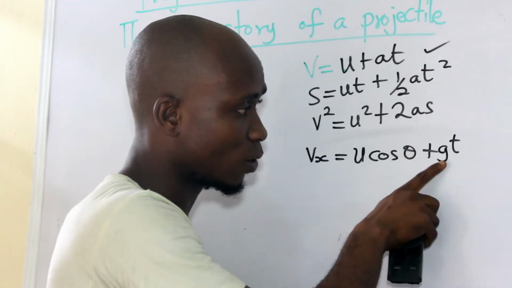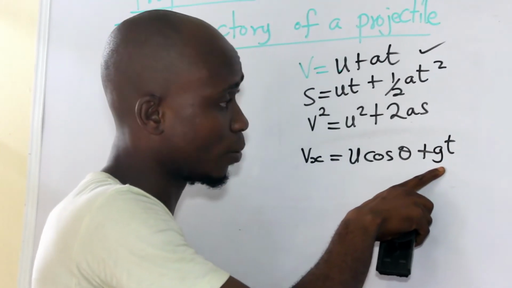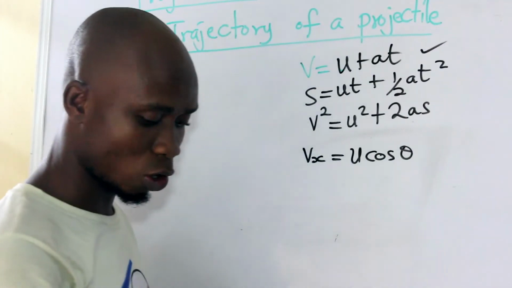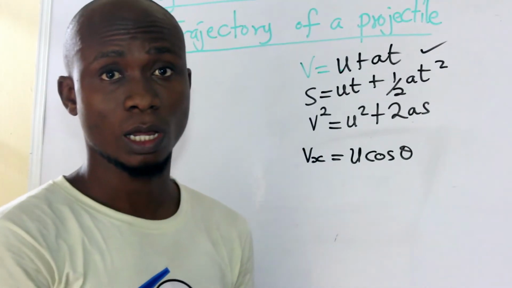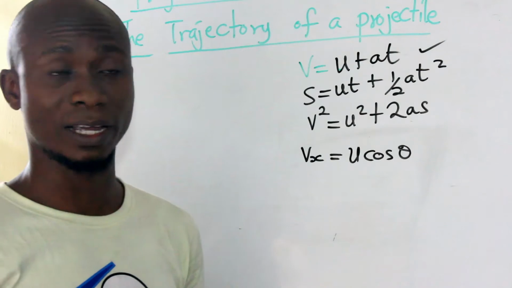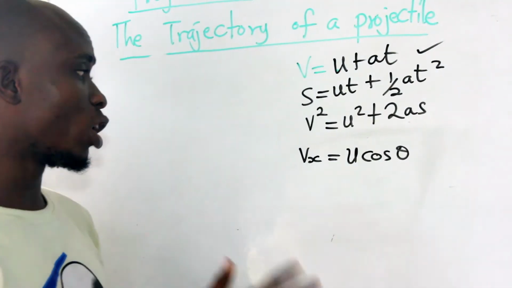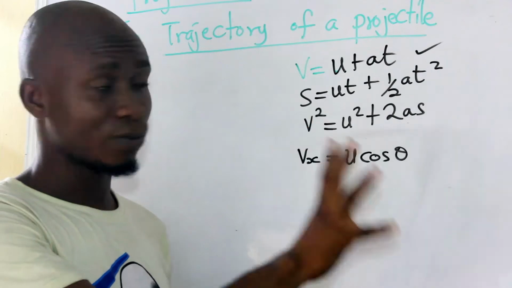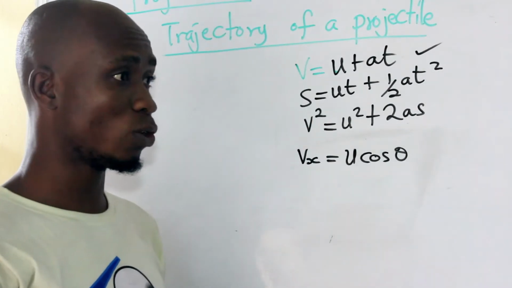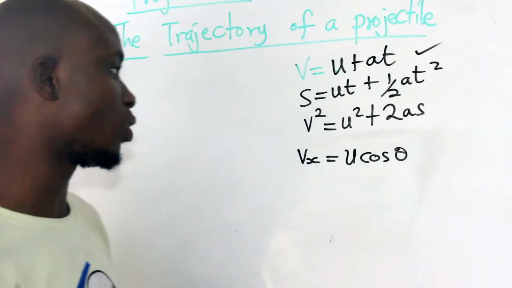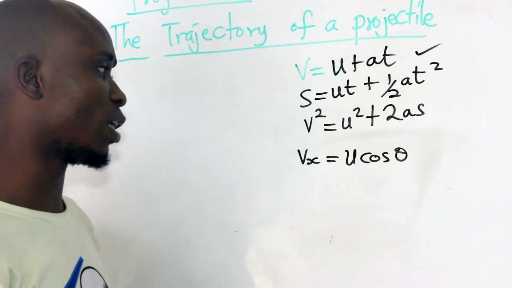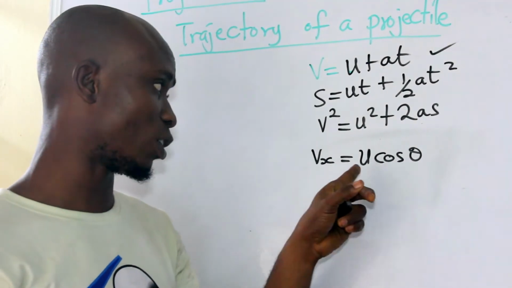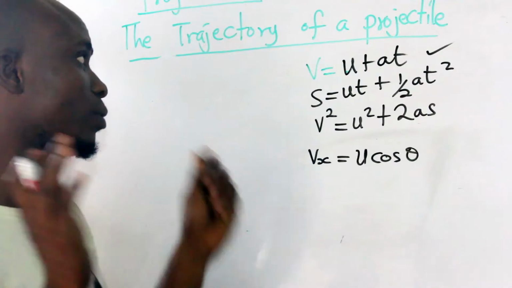We're not going to have gt because motion in the horizontal direction is not affected by gravity. So, in all the components bearing x, there will be no gravitational force term. So velocity in the horizontal direction will be given as u cos theta. As simple as that.